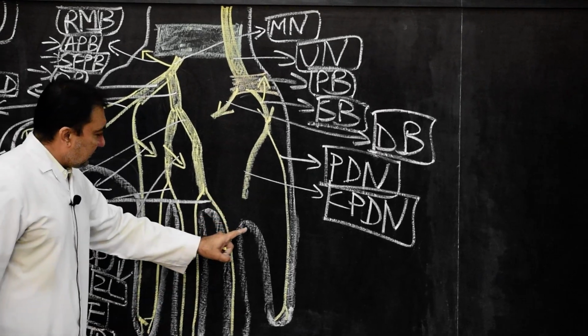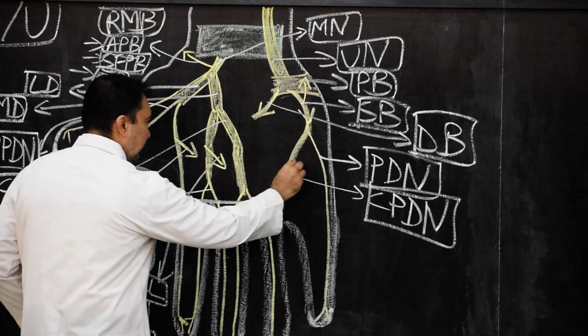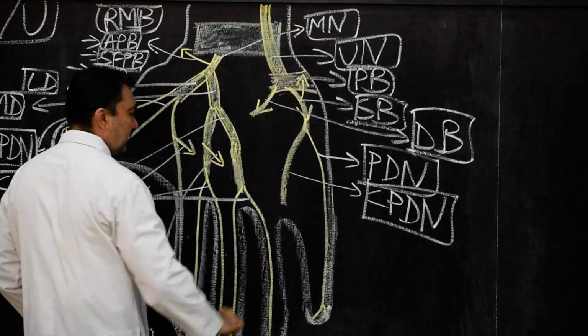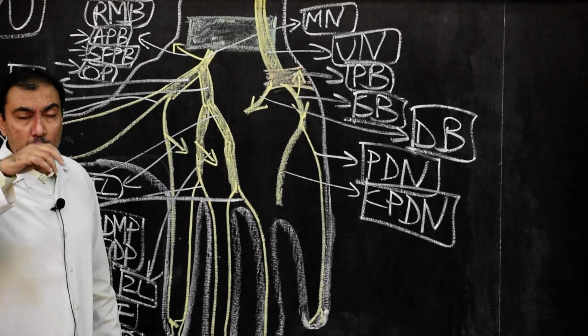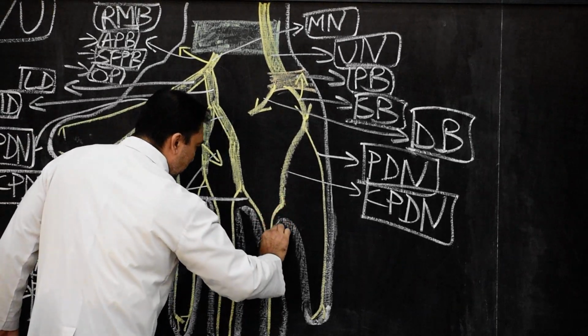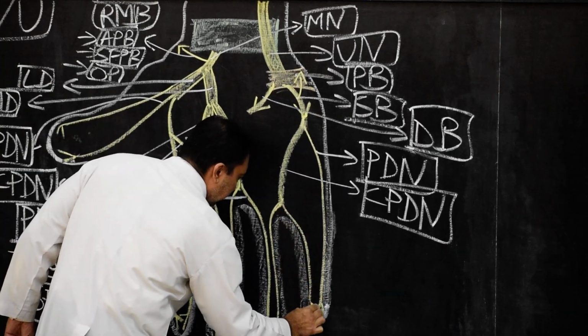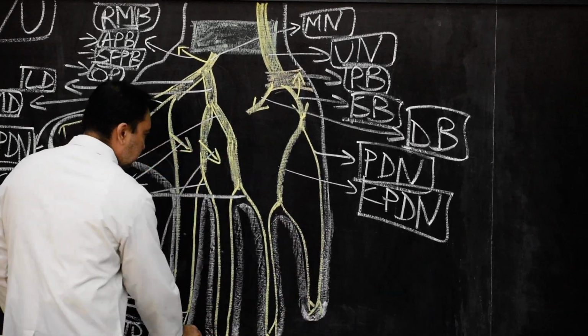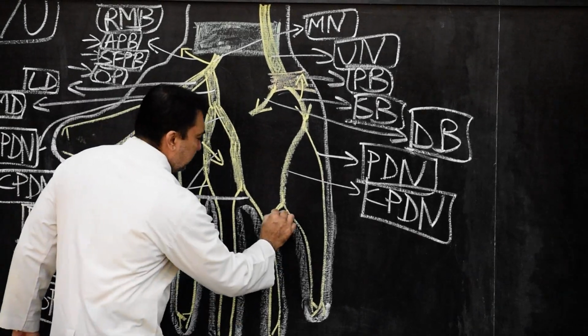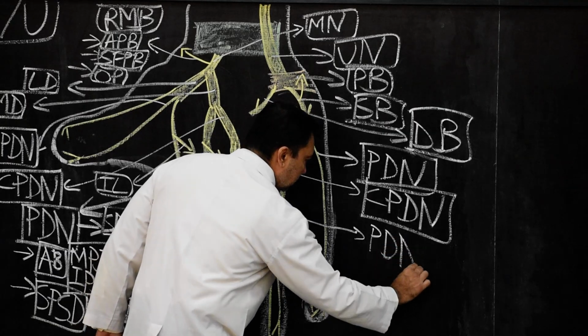It will travel till the cleft between ring and little finger, and as it reaches the cleft between the ring and the little finger, it will divide into two proper digital nerves, and these two proper digital nerves will supply adjacent sides of the ring and little finger. So therefore here we are going to name these two as proper digital nerves.